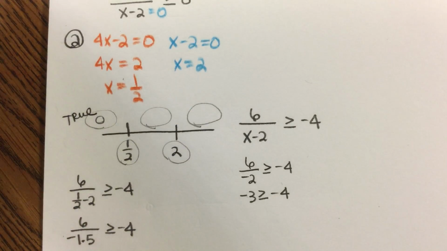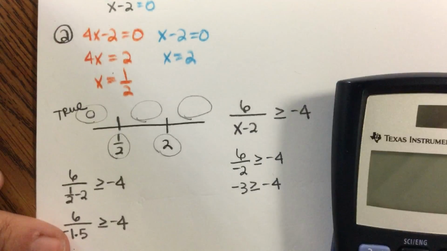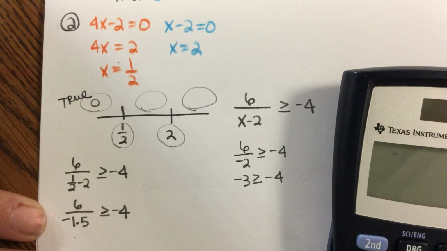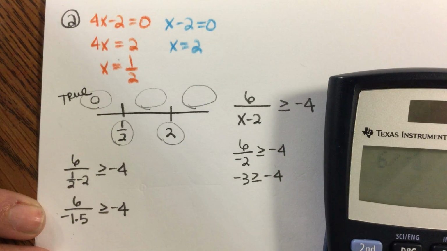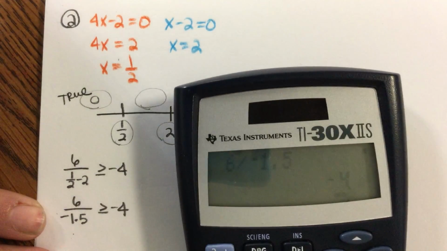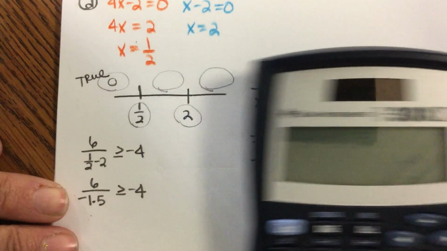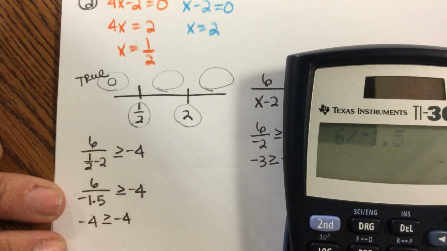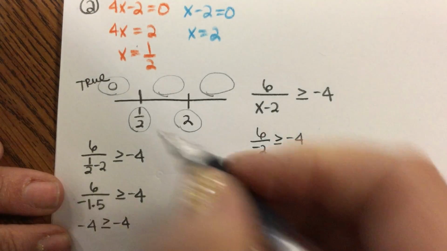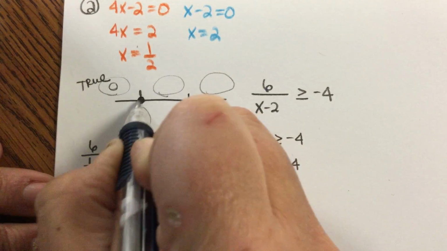I don't know what's up with this calculator. Okay, let's try this one. So 6 divided by -1.5 equals, there we go, -4. So is -4 greater than or equal to -4? That is a true statement. So we're going to have a solid circle.